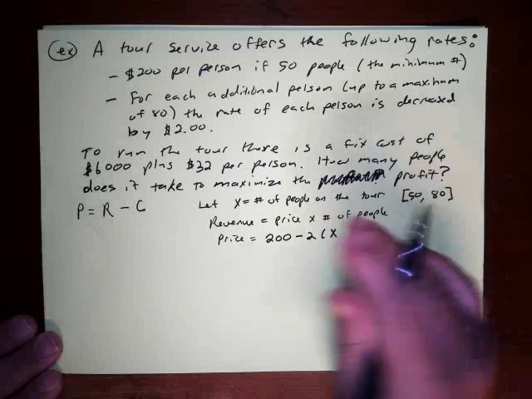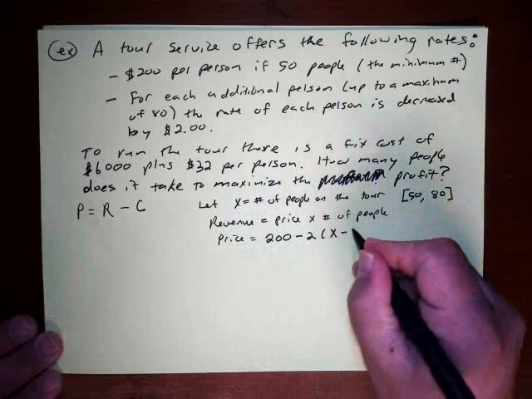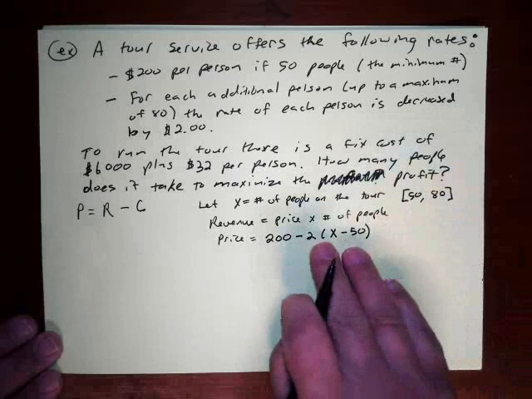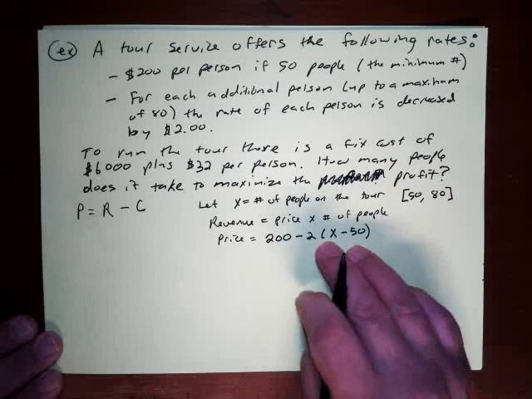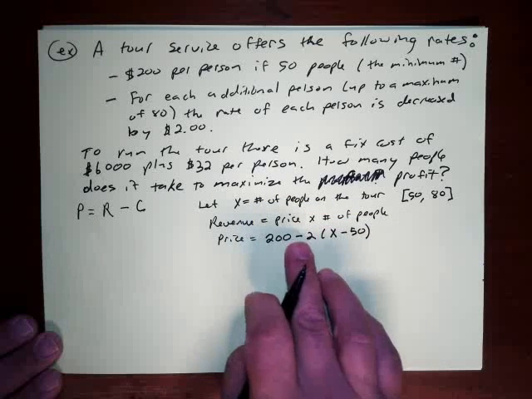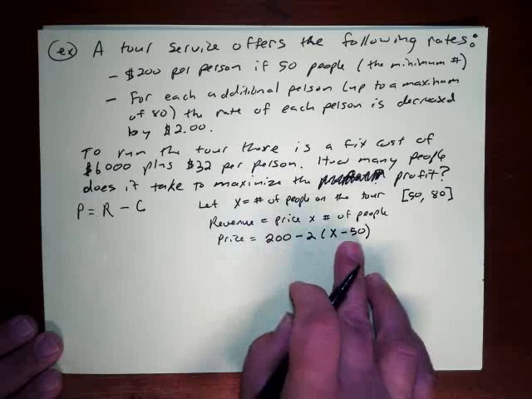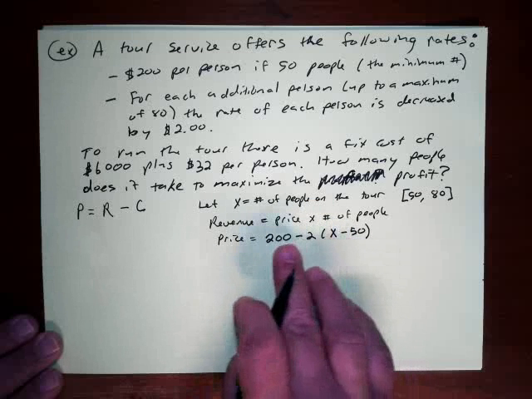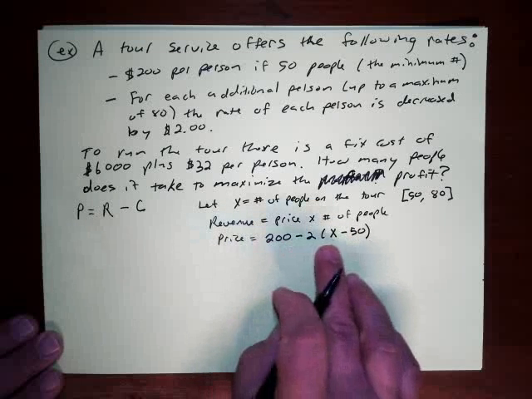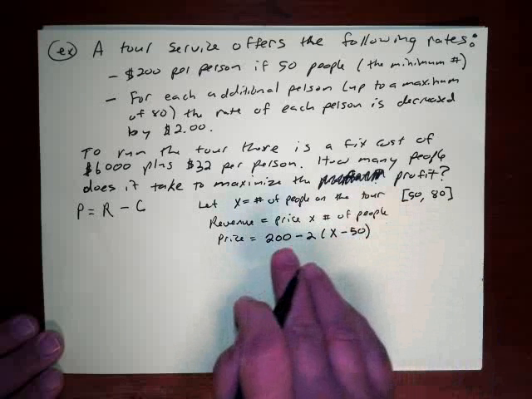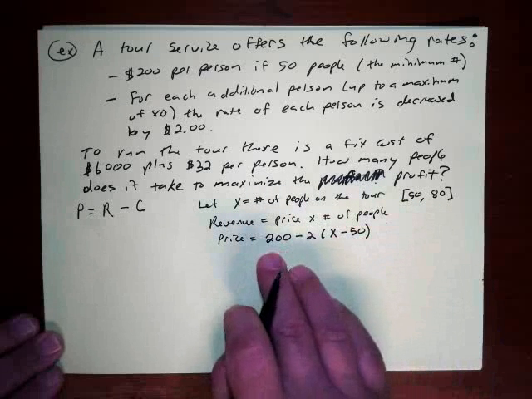So if x is the number of people, then I have x minus 50. If I have 55 people and I plug it in here, 55 minus 50 gives me 5 people, and it's $2 for every person in addition to 50. So 2 times 5 would be 10, and 200 minus 10 would be 190. So if they had 55 people, each person would pay $190.